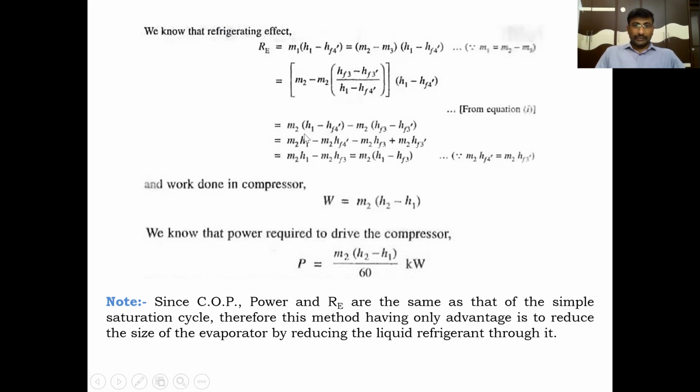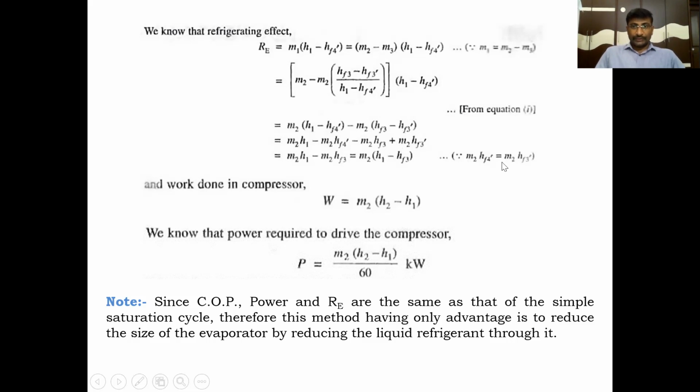From this, M2 into H1 minus HF4 dash, where H1 minus HF4 dash is the LCM, minus M2 into HF3 minus HF3 dash. H1 minus HF4 dash is cancelled in the numerator and denominator. So finally this equation remains: M2 into H1 minus M2 into HF4 dash minus M2 into HF3 plus M2 into HF3 dash.